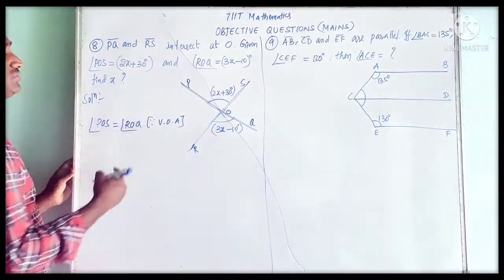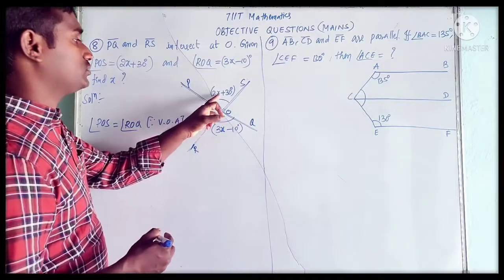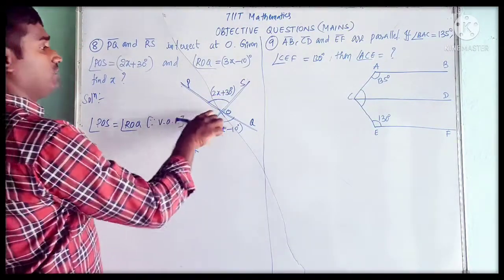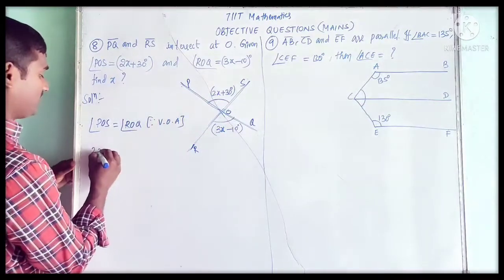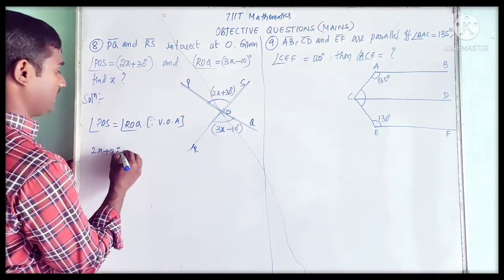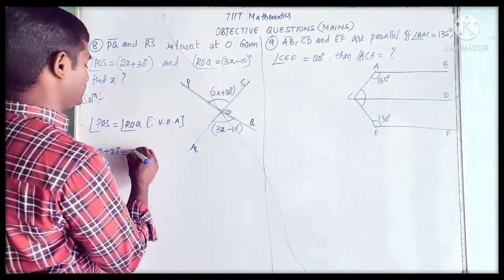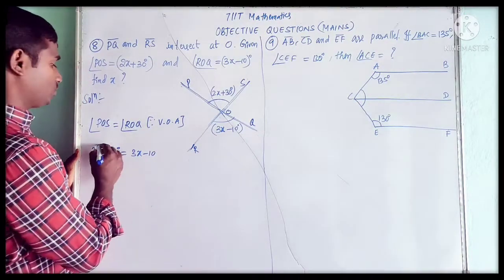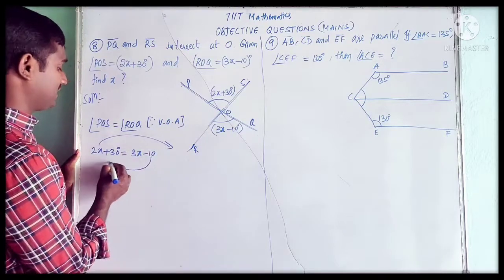So 2x plus 30 degrees equals 3x minus 10 degrees. POS is 2x plus 30 degrees, and ROQ is 3x minus 10 degrees. Now we transpose 2x to the right side and minus 10 to the left side.